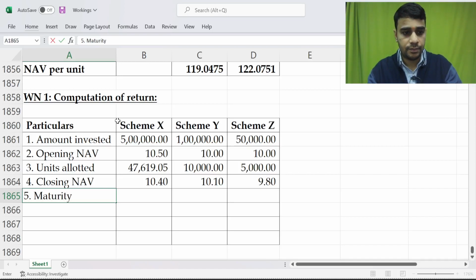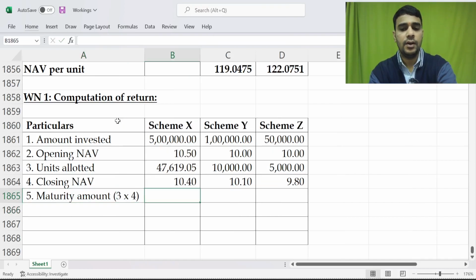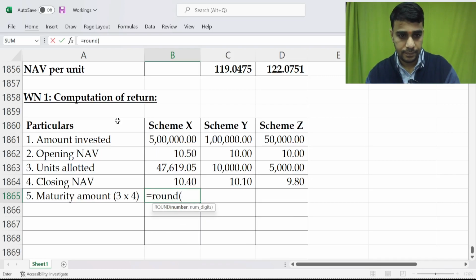Maturity amount, which is units allotted into closing NAV. Again, we'll work with two decimals.